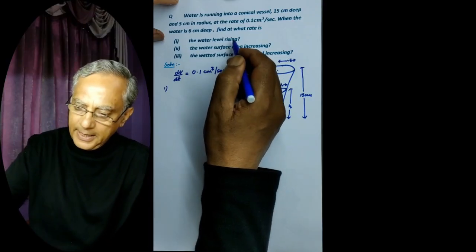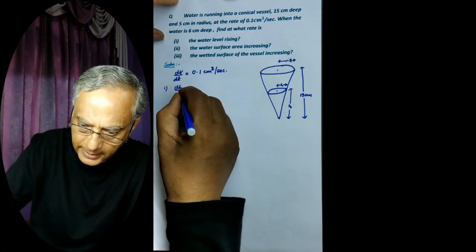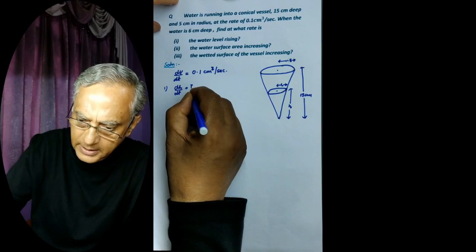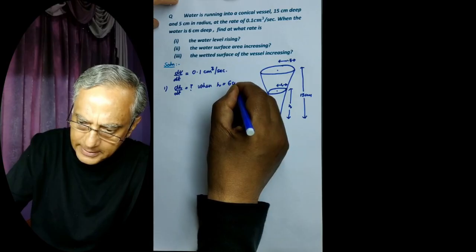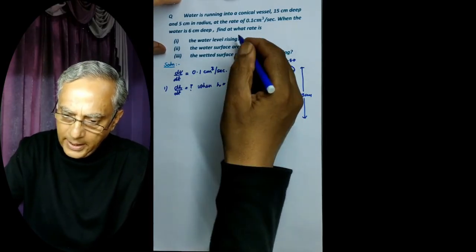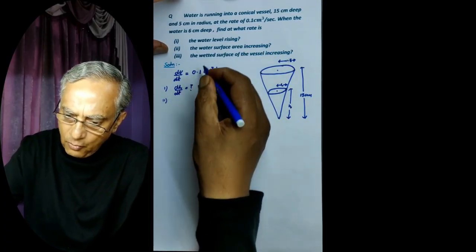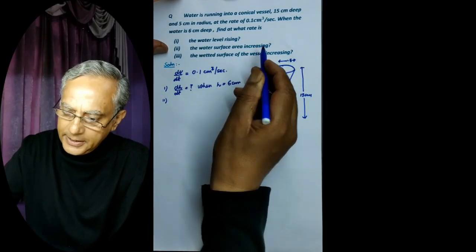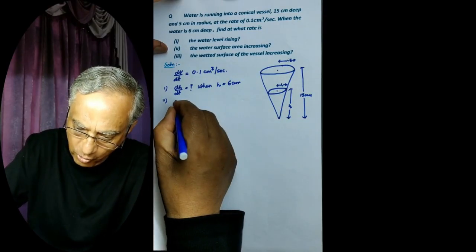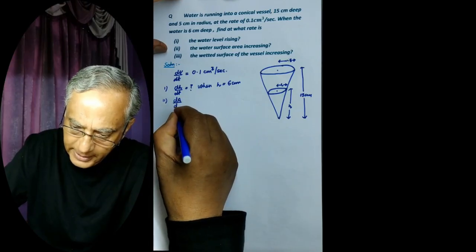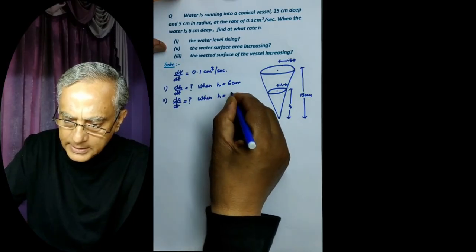So what we have to find is the rate at which the level of water is rising. Water level is rising, so we have to find dh by dt, which is equal to question mark when h is equal to 6 centimeters. In the second part we have to find the rate at which the water surface area is increasing. So we have to find dA by dt is equal to question mark when h is equal to 6 centimeters.